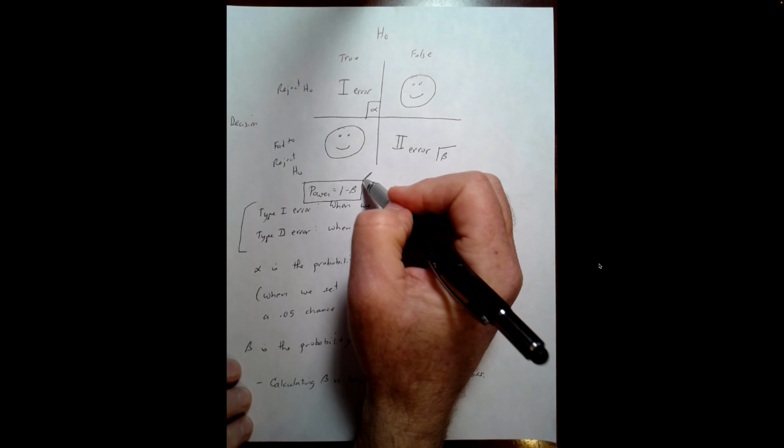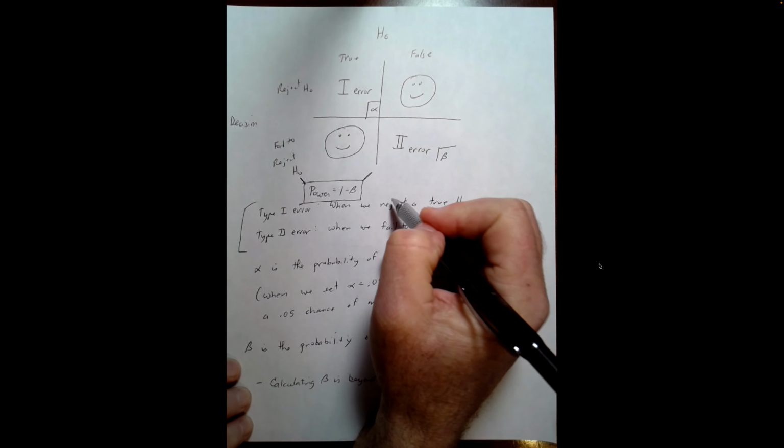Now, one more thing I want to cover is power. I'm not going to write this out, but I'm going to speak it slowly so you can write it down. Power can be calculated by taking just 1 minus beta. But again, beta is really hard to calculate. But if you had beta, you can calculate the power by just taking 1 minus beta.